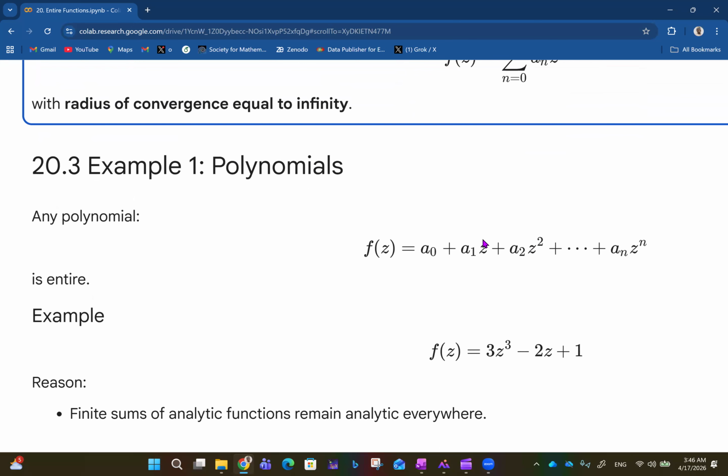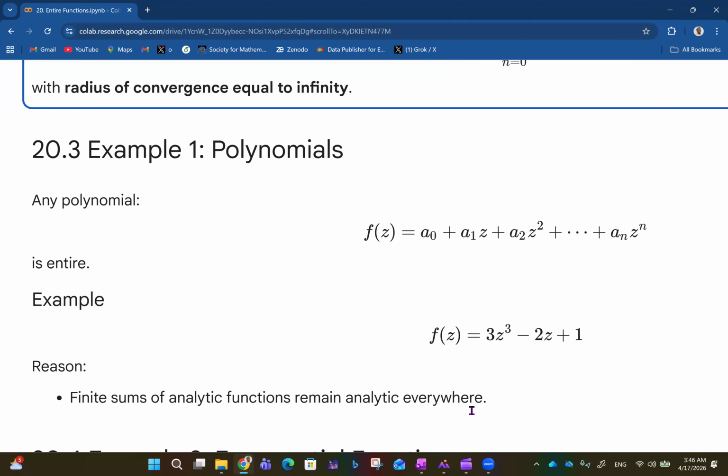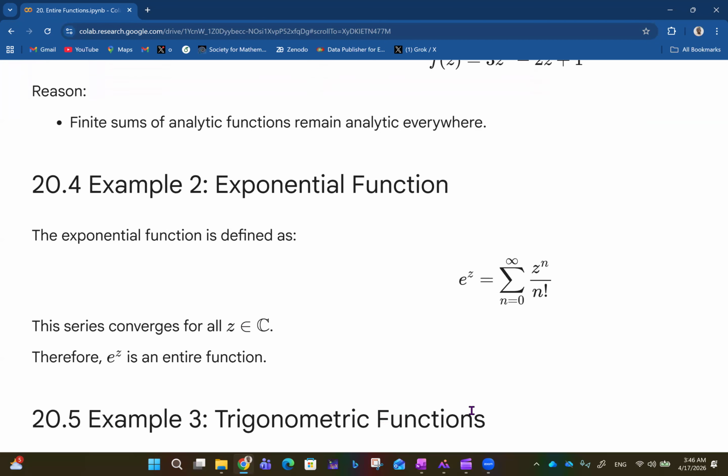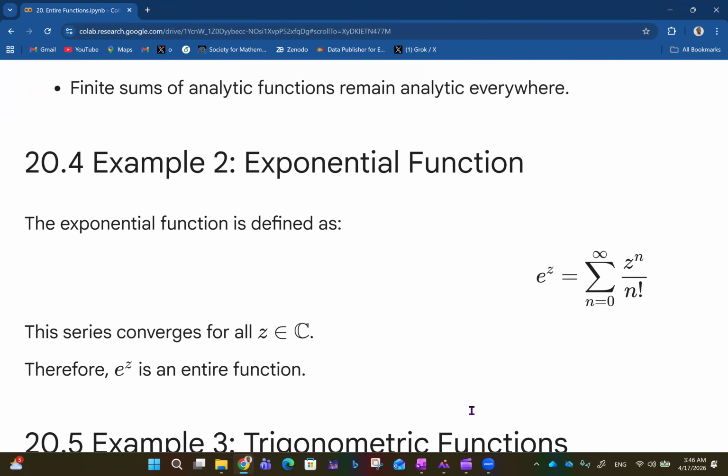An example of that would be f(z) equals 3z cubed minus 2z plus 1. And the reason is finite sums of analytic functions remain analytic everywhere. So as long as you can express it as a finite sum, you can be sure it is analytic everywhere.